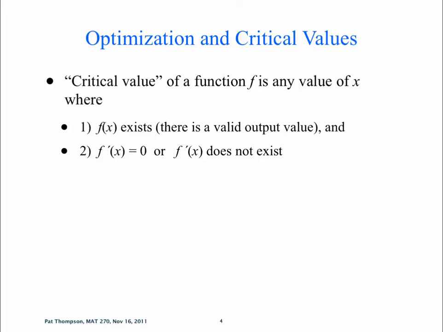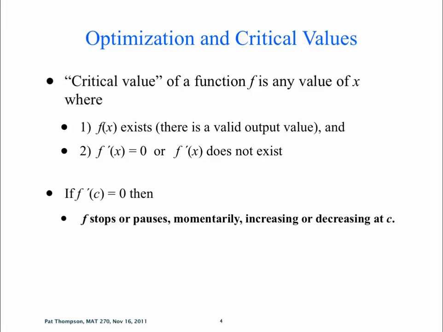So the function value has to exist, and the first derivative has to be 0 or not exist. So looking at this first case of number 2, if 0, then what happens? The rate of change is 0. So for the accumulation, if the rate of change is 0, we can conclude that it stops or pauses momentarily, increasing or decreasing.